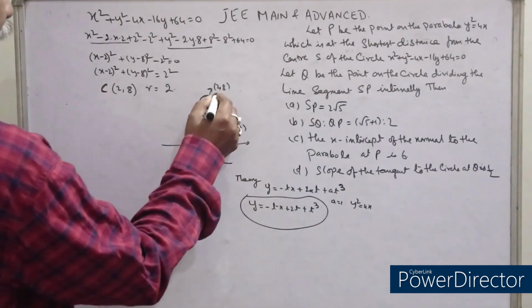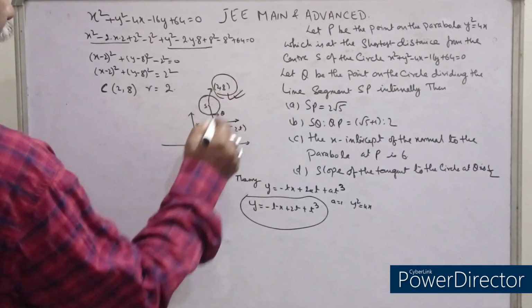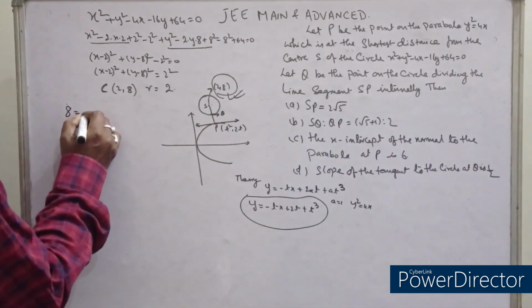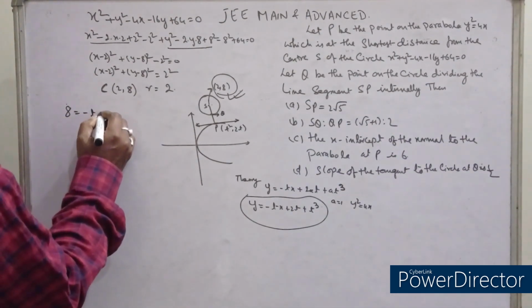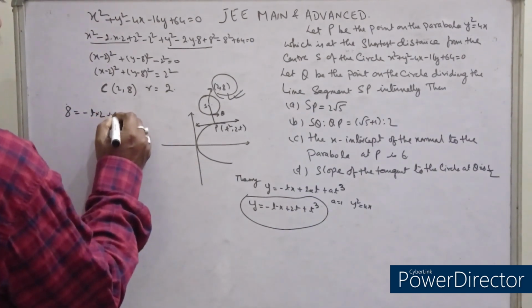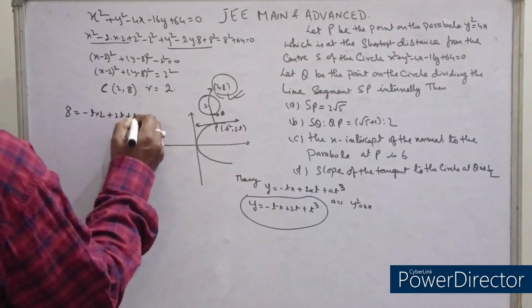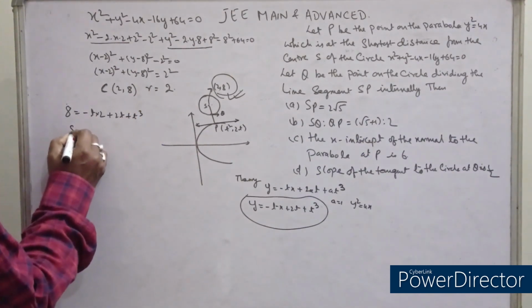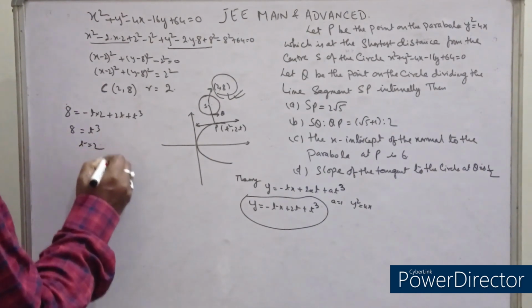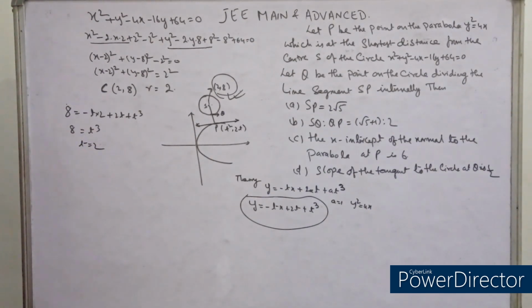This normal passes through this center point. So 8 is equal to minus t into 2 plus 2t plus t cube. So here 8 is equal to t cube. So t is equal to 2. Your t comes out to be 2.